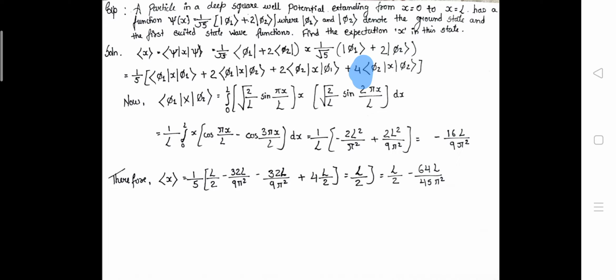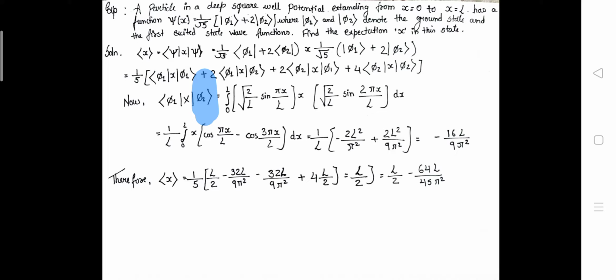We know the formula of the wave function in infinite square well potential, so this will be the same as the wave function, but if we take the bra of it, we will get the complex conjugate of the wave function. So now finally we will get integral 0 to L under root 2 upon L sine pi x upon L. This will be the wave function of the first state.